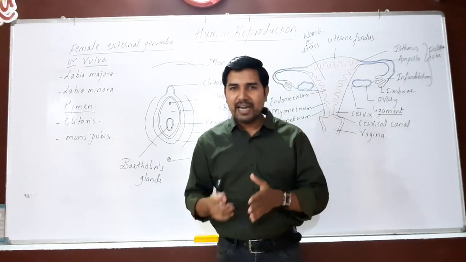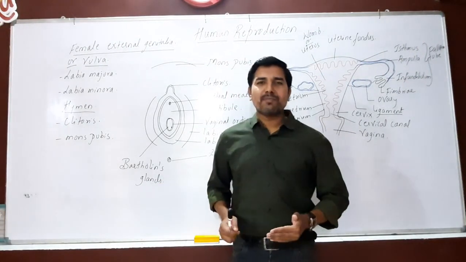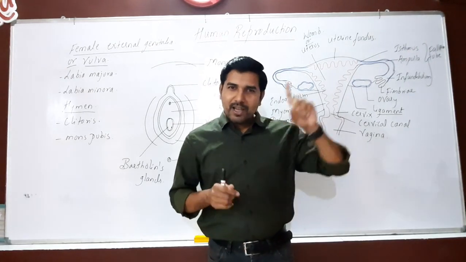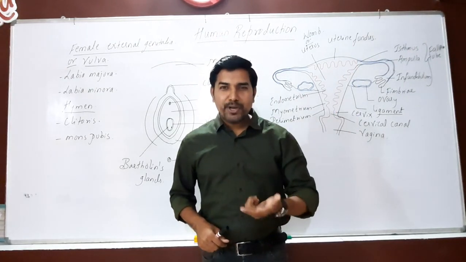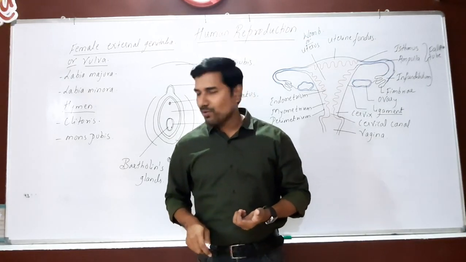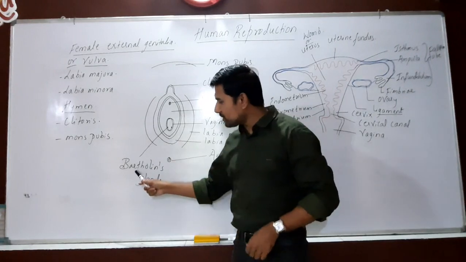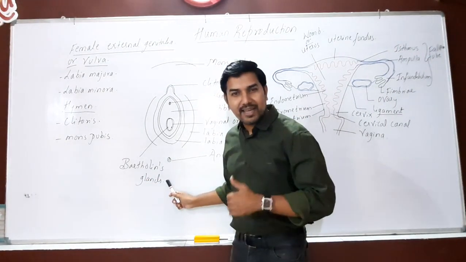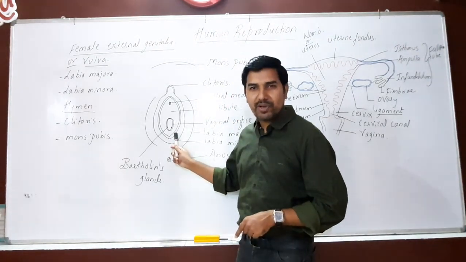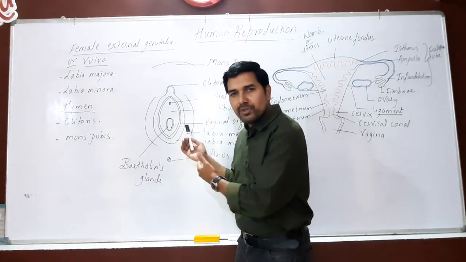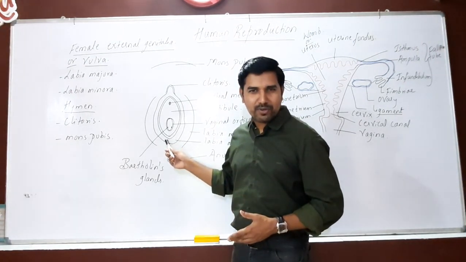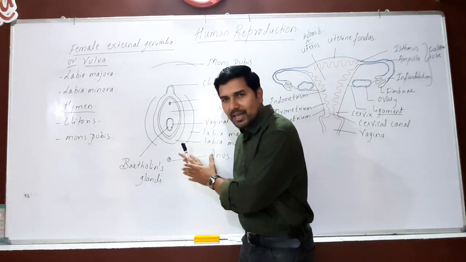Now this Bartholin's gland is exactly similar to the Cowper's gland in the male reproductive system. Remember, the function of the Cowper's gland is to produce certain fluids that lubricate during sexual intercourse. Similarly, in the female reproductive system, the Bartholin's gland is the accessory gland present in the opening of the vagina, that produces certain fluids that lubricate the vagina during sexual intercourse. Okay, so this is one accessory gland.